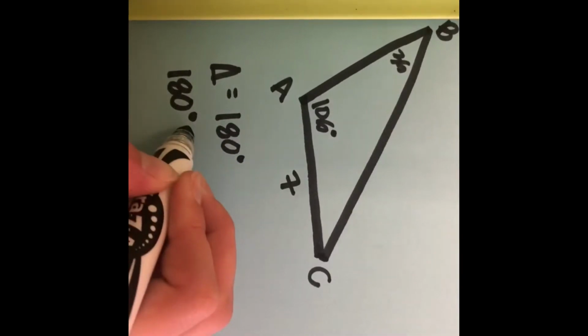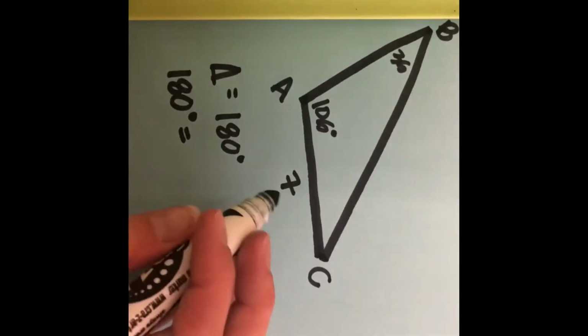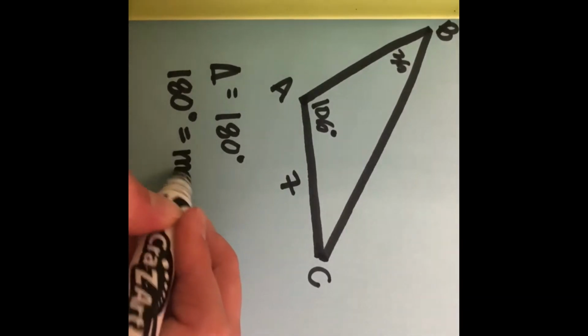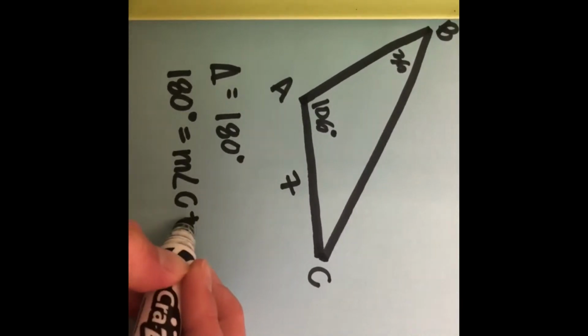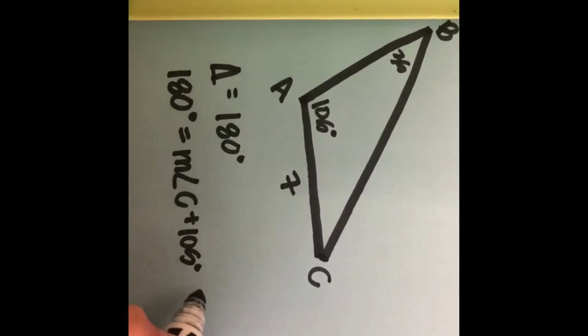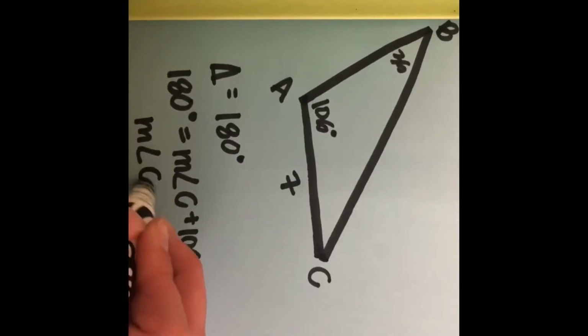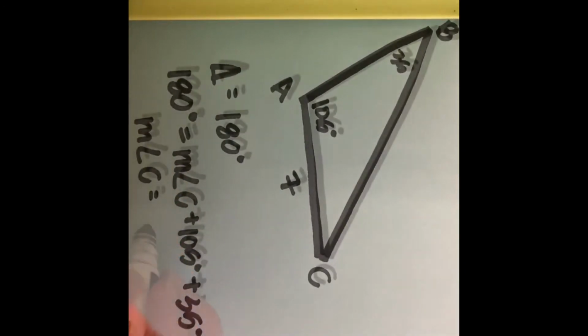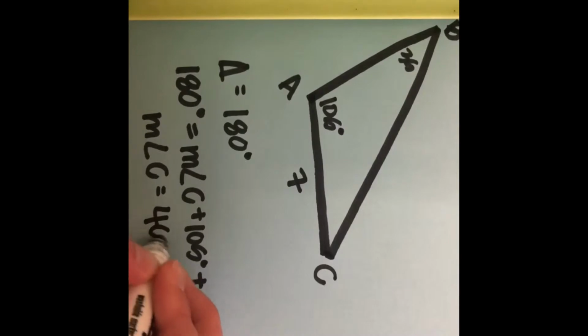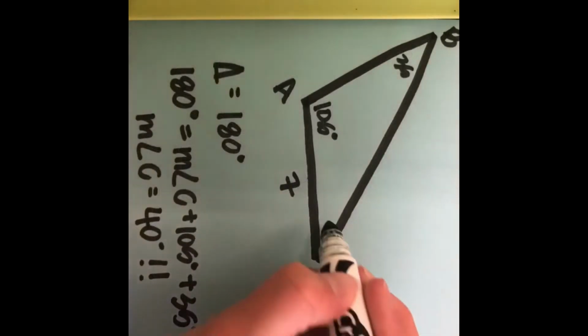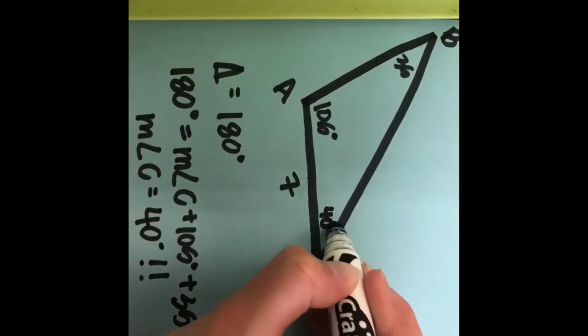Since every triangle is 180 degrees, we can find the measure of angle C by subtracting 35 plus 105 from 180. Here we can see that the measure of angle C is equal to 40. Yay! So that's how you would find a missing angle if you were given the two other ones.